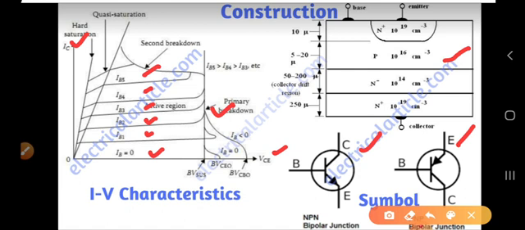First, I can show you what the quasi saturation and hard saturation regions are. You can observe the arrow mark I have shown. This is quasi saturation and this is hard saturation. In the quasi saturation and hard saturation, the base drive is applied, hence the transistor is on and the collector current flows depending upon the load. What is the meaning of this?